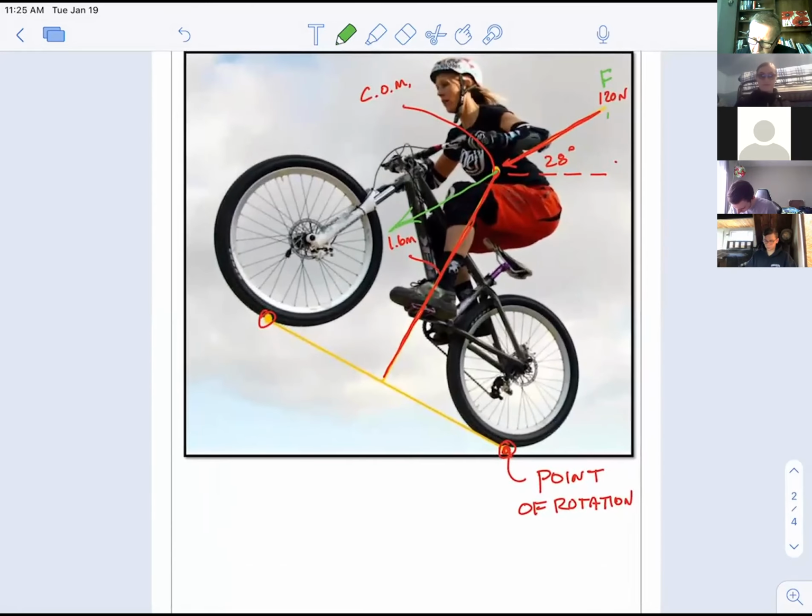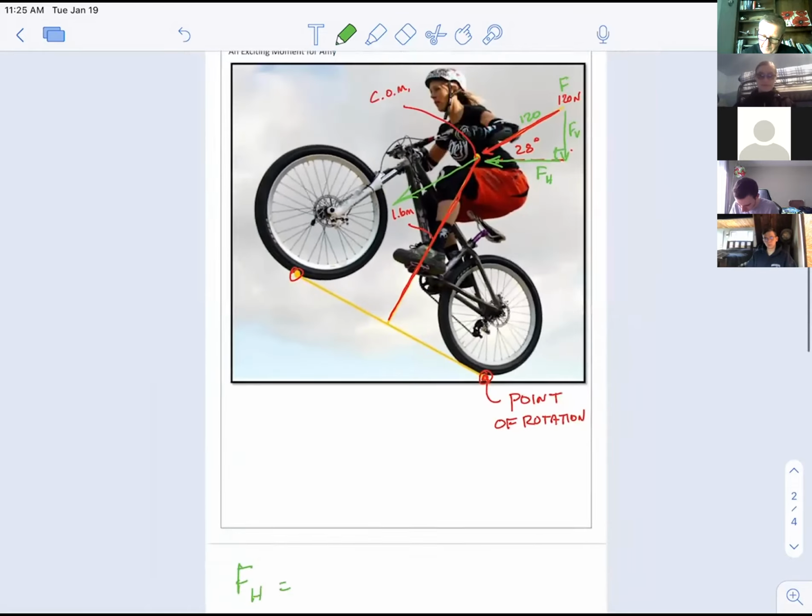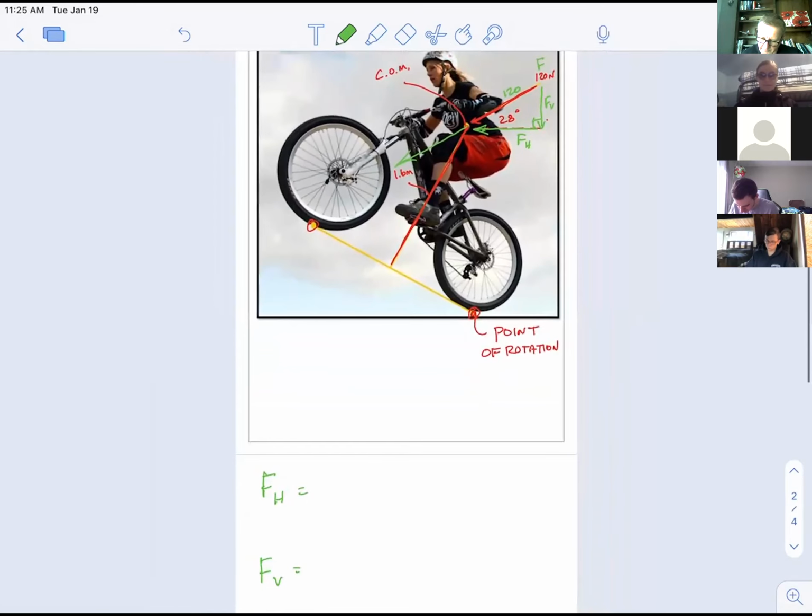So in this picture right here, that would be my force vertical. Notice the arrowheads. That would be my force horizontal. And it's just trigonometry. Since the hypotenuse of this is the 120, for the vertical one, the sine of 28 is opposite, which is force vertical over 120.